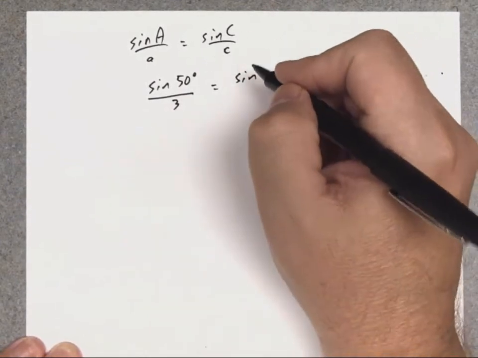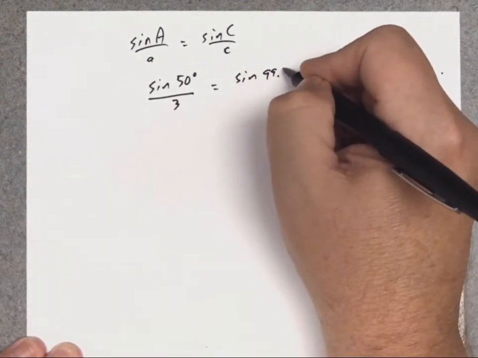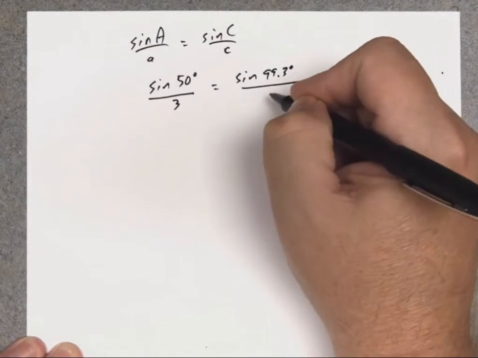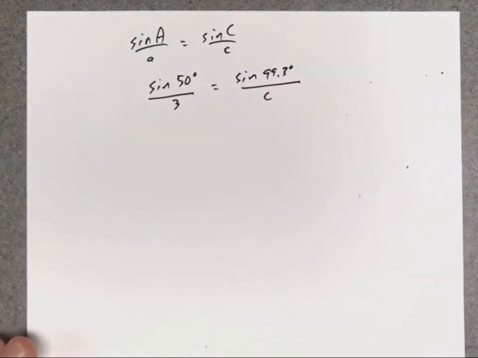Sine C is 99.3 degrees, and we don't know side C.